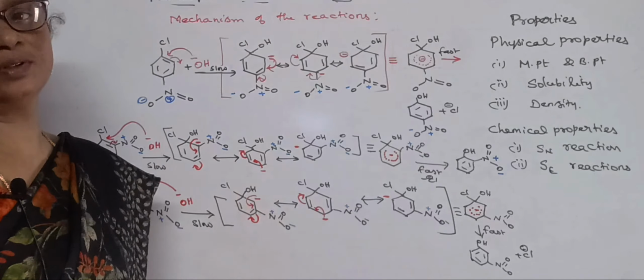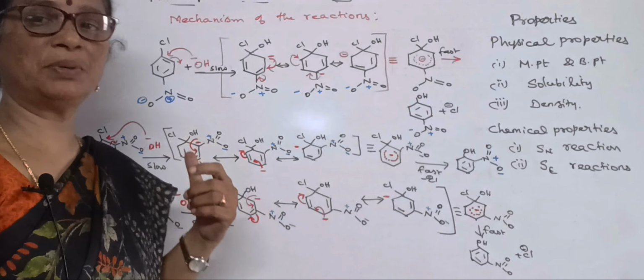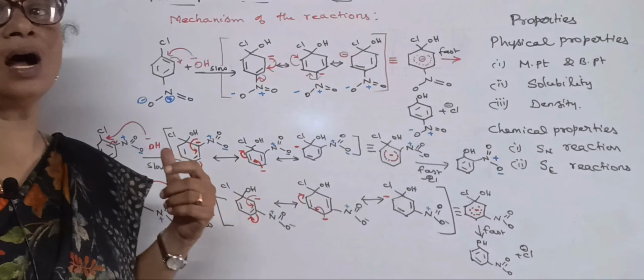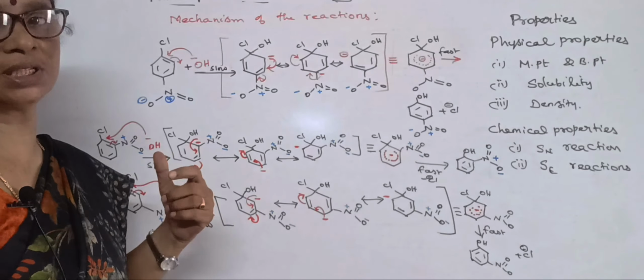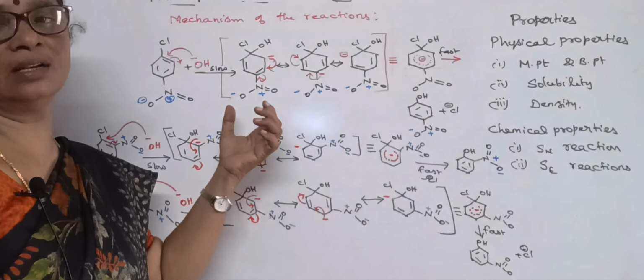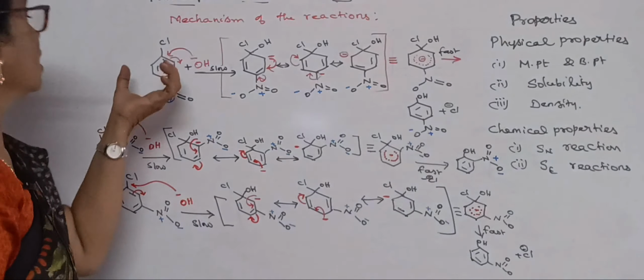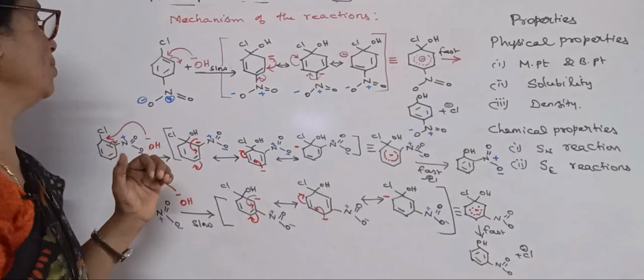Now the mechanism of the reactions where the nitro group is present at the ortho, para or meta position, and how the NO2 group at each position influences the nucleophilic attack on haloarenes. Let us see them one by one.